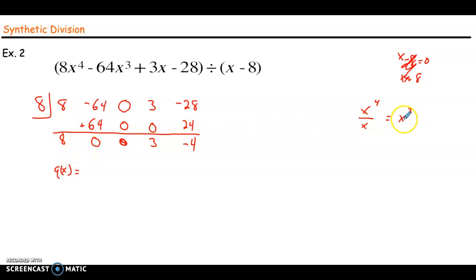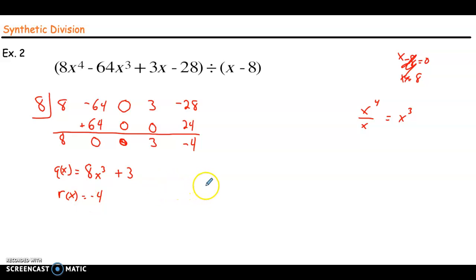But we're going to start with a degree 3. So it is an 8x cubed. And then we just start going down the degrees or the powers of x. So 8x cubed, 0x squared, 0x, 3 is a constant. So plus, because it's positive 3. This last number here, the negative 4, that's our remainder.